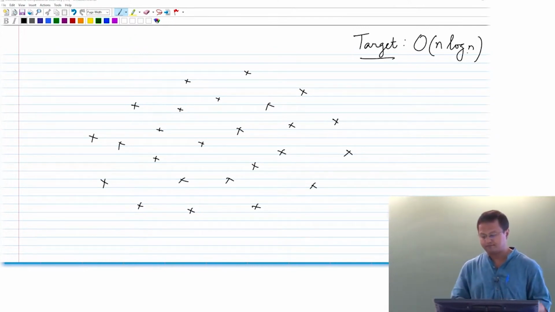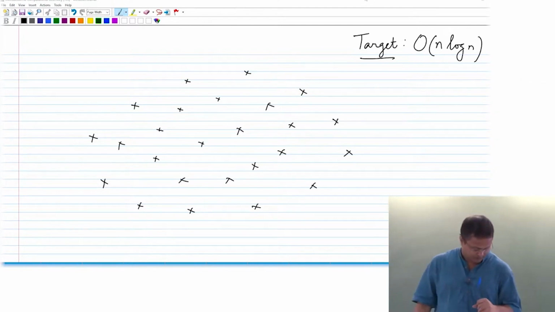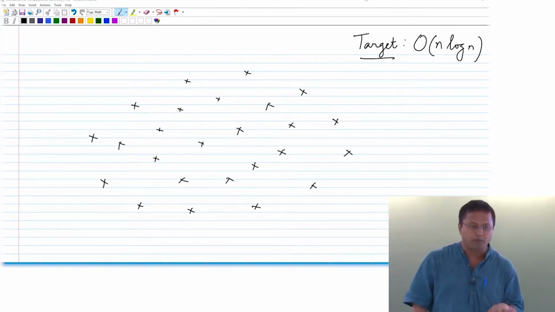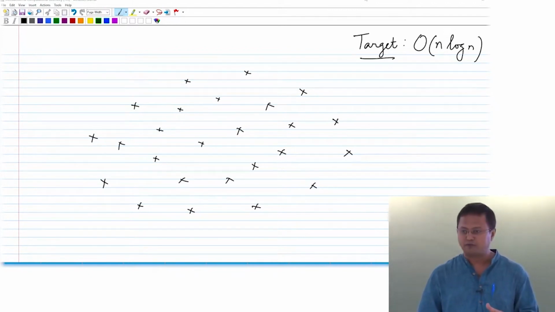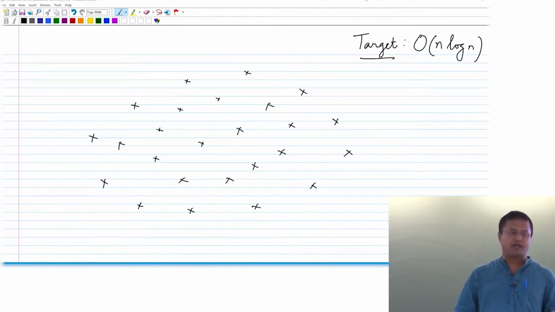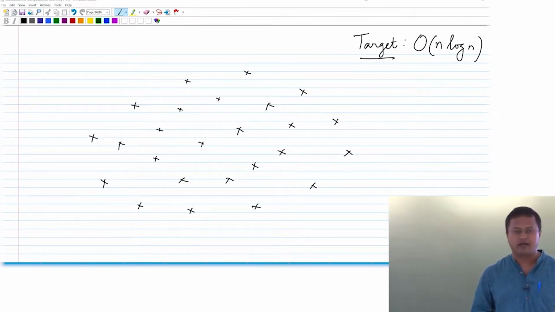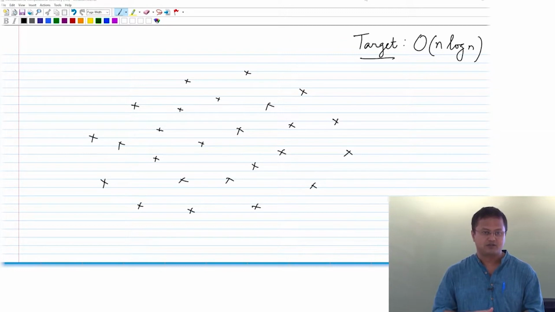Now, how many of you are comfortable with lower bounds of problems? You know that sorting has a lower bound of omega n log n. Any comparison based sort has to do at least n log n comparisons.